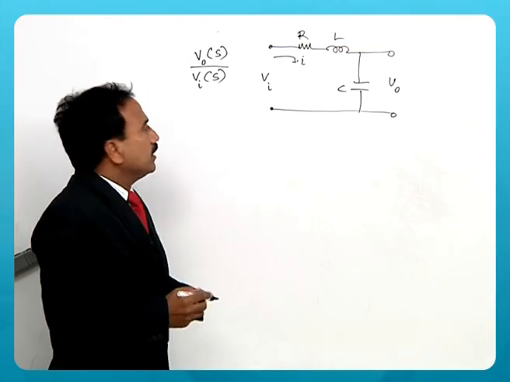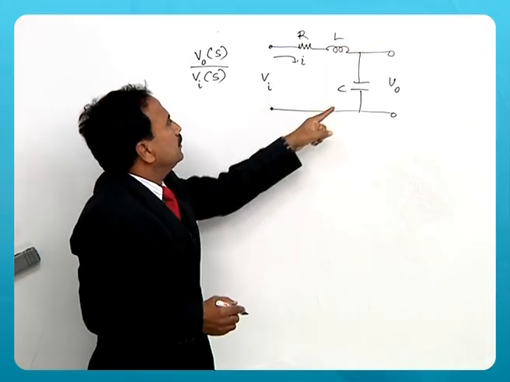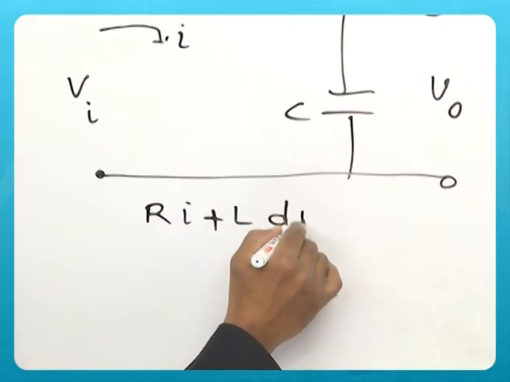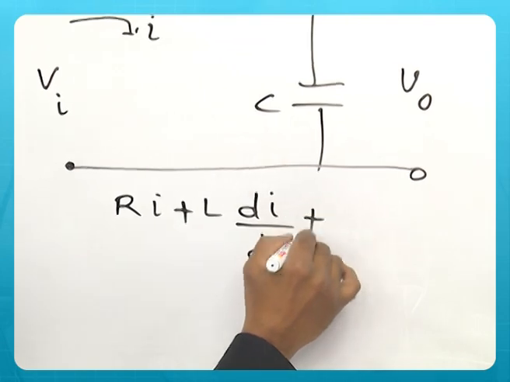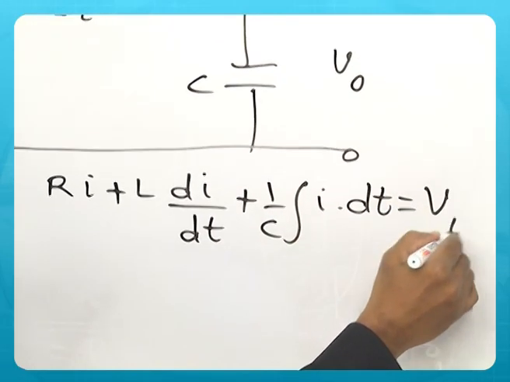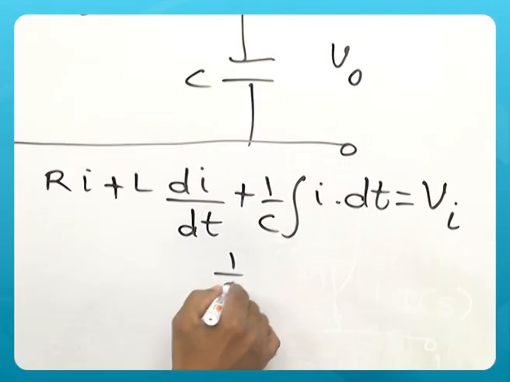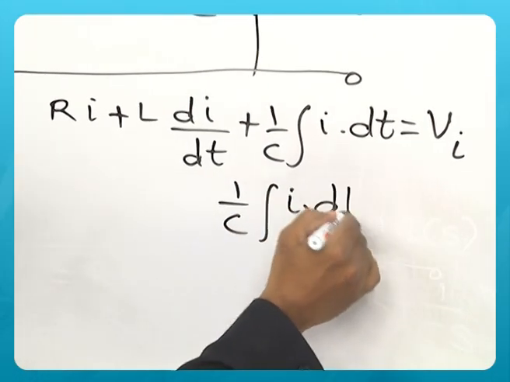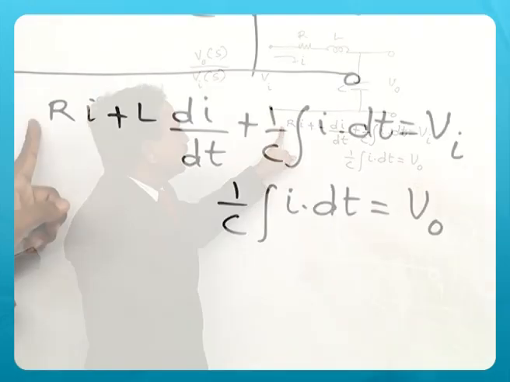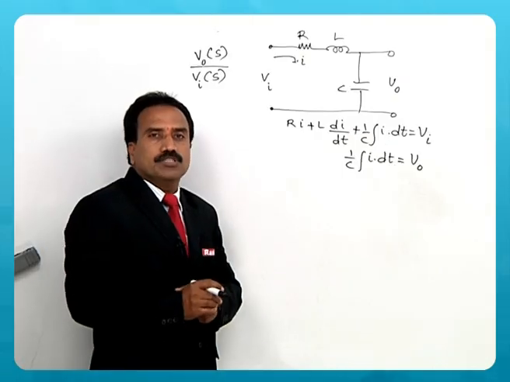We have seen that there is only one input equation: Ri plus L di by dt plus 1 by C integral i dt is equal to Vi, and 1 by C integral i dt is V0. Two equations are written, one is the input equation and the other one is the output equation.